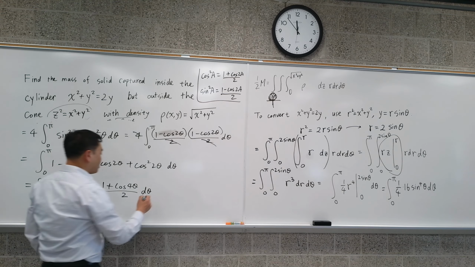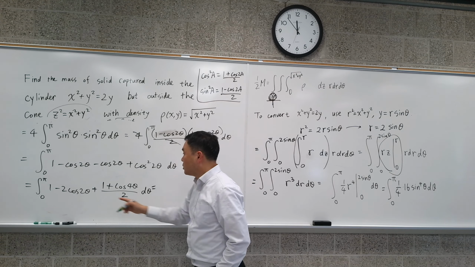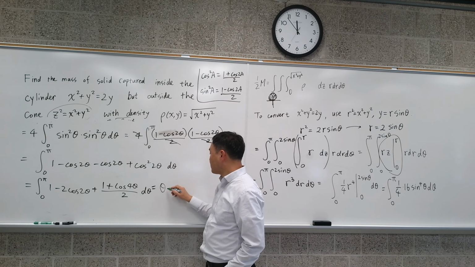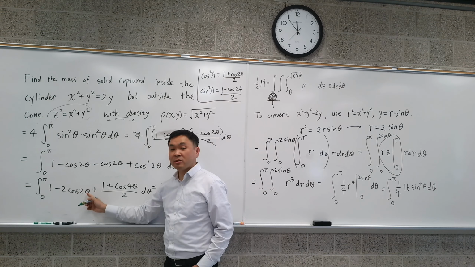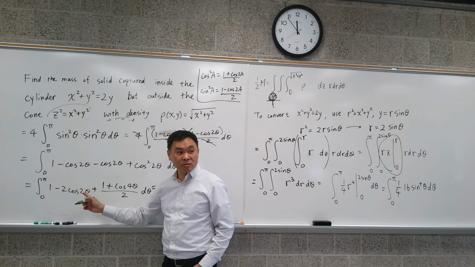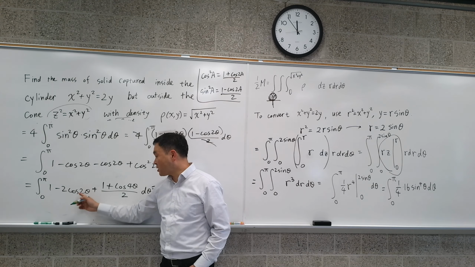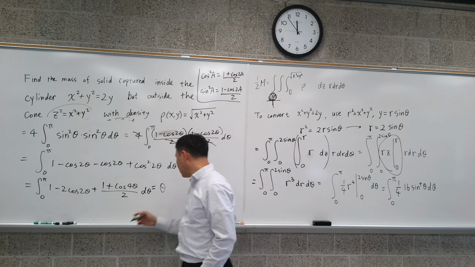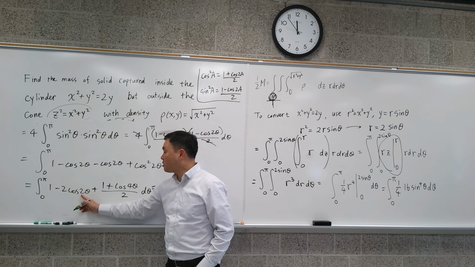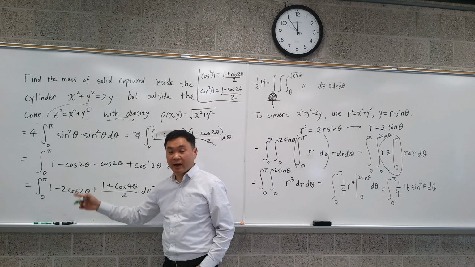Okay, so what's the integral? 1 integrates to theta. Cosine 2 theta integrates to what? Sine 2 theta, yeah, cosine 2 theta integrates to positive sine 2 theta, but there's a minus, so it's still minus. And because of this 2, it's going to create a 1/2, right?